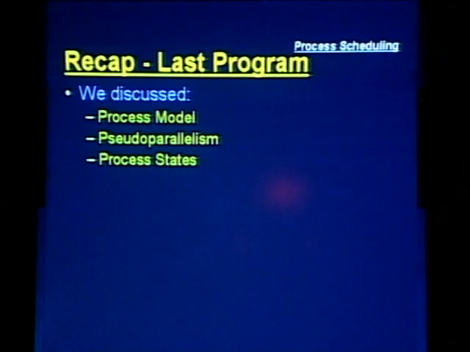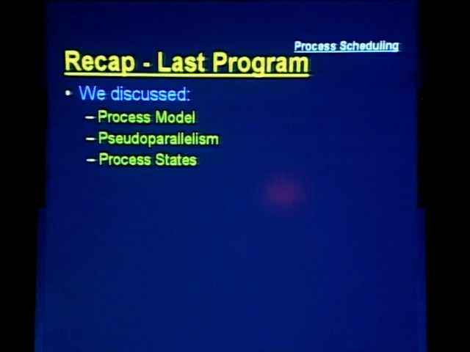Let's have a quick recap of our previous program. In the last program, we discussed the process model in which we learned that at any given time, there are a number of processes active in the system, but the processor serves one process at a time.